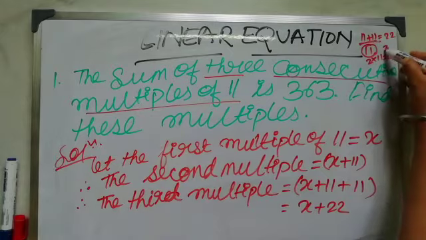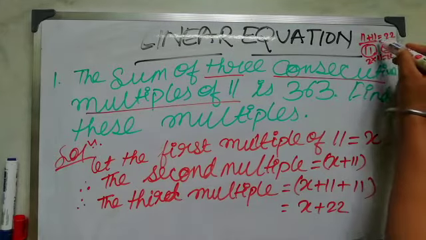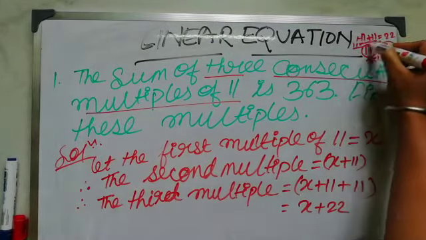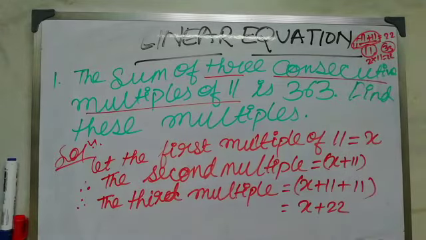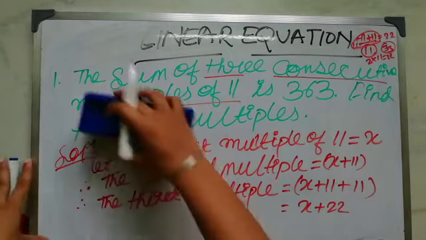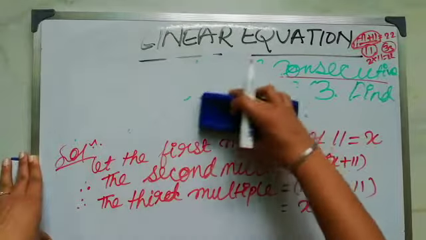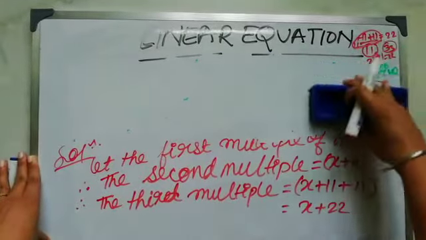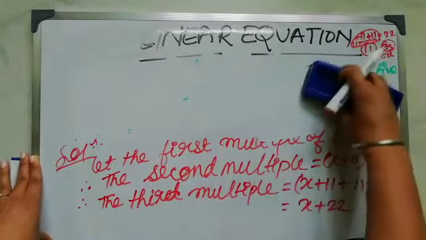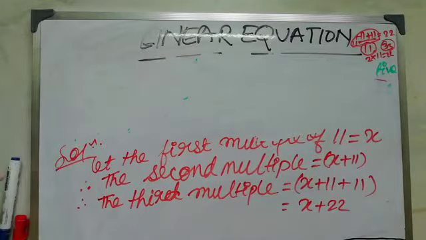Third will be 33, which is again 11 plus 11 plus this, right? Hope till here you have understood. Now see, I'll just rub the question so that I will get more space for solving this.